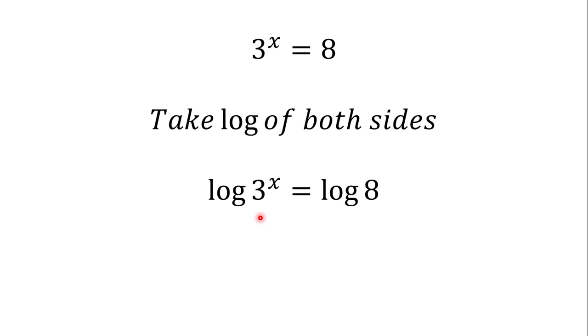We can do it that way also, and we're just going to get the same answer as what we are going to get here. So from the laws of logarithm, this x can be written at the front. So x log 3 is equal to log 8. Now, how are you going to find the value of x? We just divide both sides by log 3.